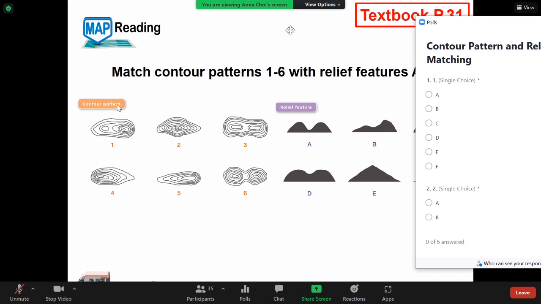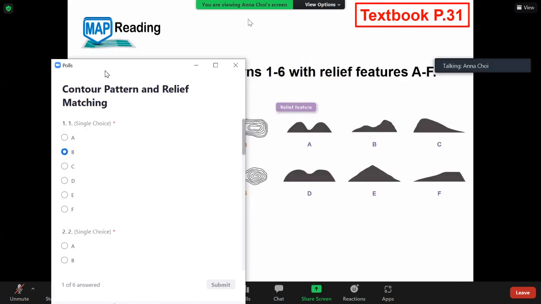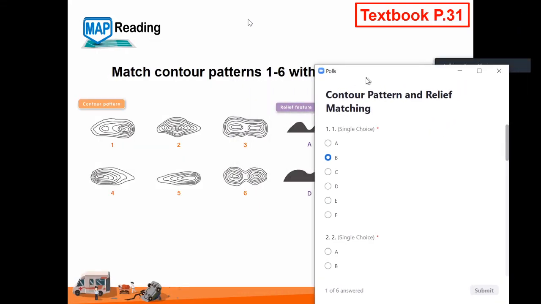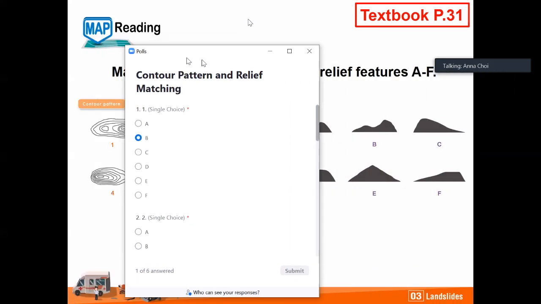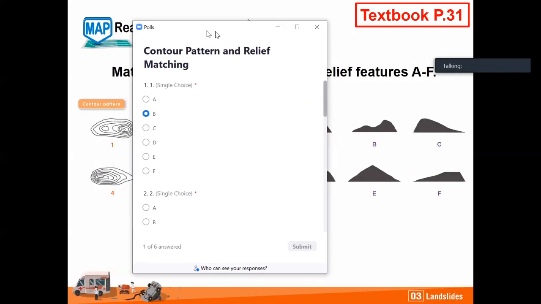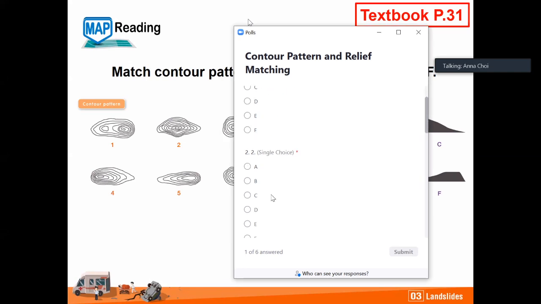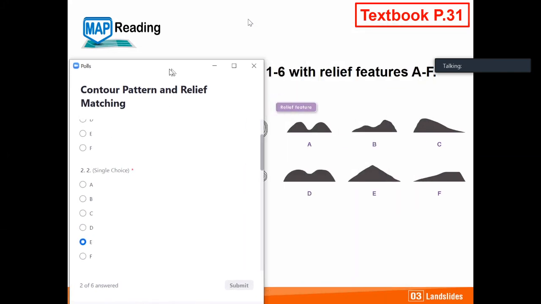I'll give you around 1.5 minutes. Hopefully it's enough for every one of you to answer the questions. So could you show your answers? Questions 1, 2, 3, 4, 5, 6. So which one matches with which?